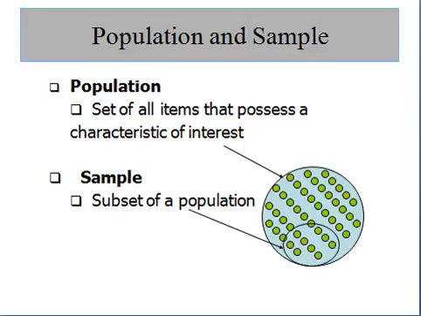Let's talk about population and sample. Population is basically the set of all items that possess a characteristic of interest, and we already discussed that a sample is a subset of a population. What are the 3-4 reasons to sample from a population? We discussed it already.